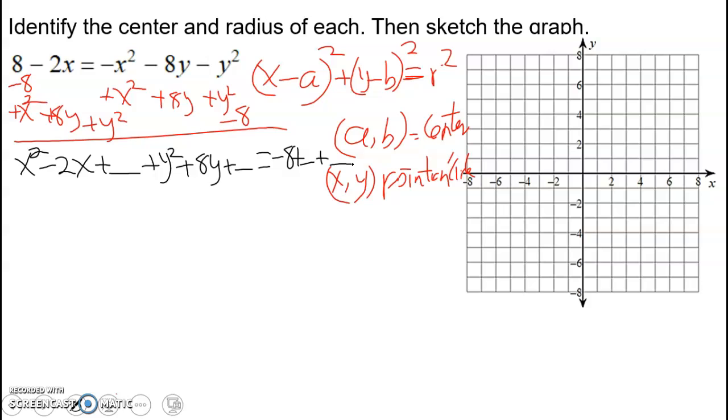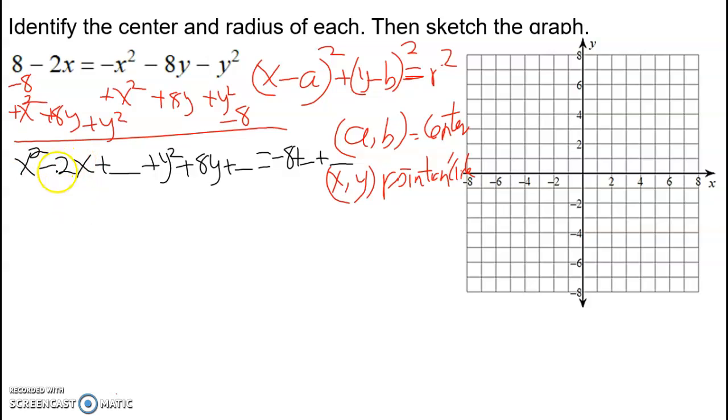So those blanks are going to be whatever we fill in. Make sense? All we've done is move all x's and y's to the left side and all the constants to the right side of the equation. Whenever an expression crosses the equal sign, it changes sign, right? Negative x squared was negative on the right side. It becomes positive on the left side. Make sense? That's all we've done.